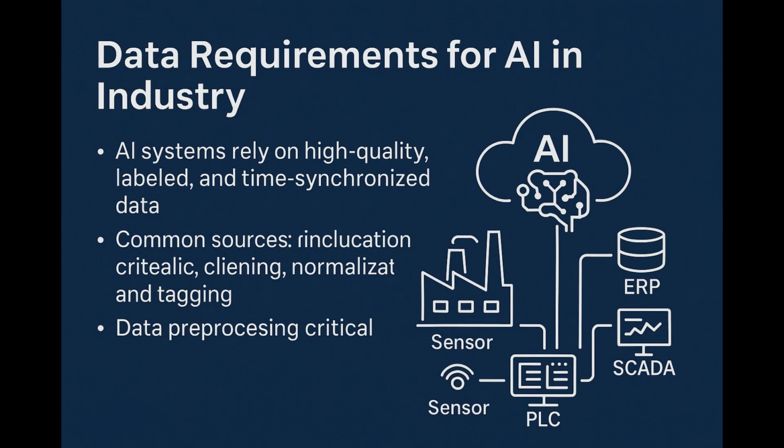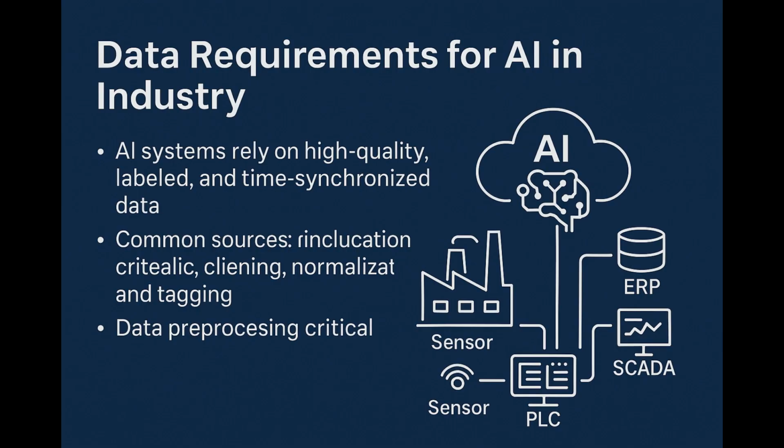Data is the foundation of every AI system. Without good data, even the most advanced algorithm will produce poor results. In industrial environments, AI typically relies on data from sensors, PLCs, SCADA systems, MES platforms, and ERP databases. But it's not just about volume, it's about quality.